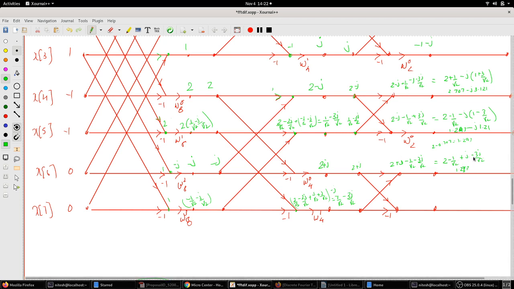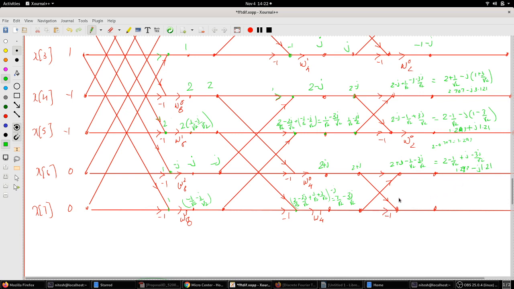This guy here will be j minus 3j by root 2 will be minus j, okay, this is correct, oh this is a plus, so this is a plus, okay, this is a plus 1.21, this is what you will get it here as, okay.